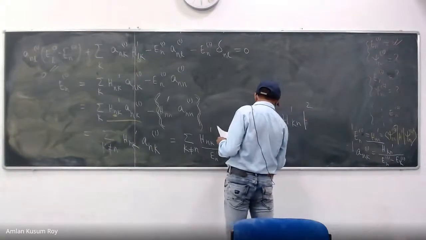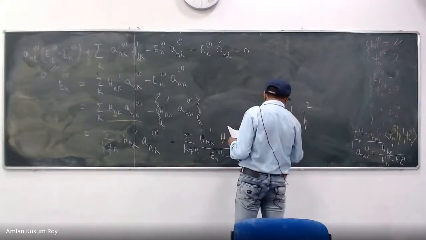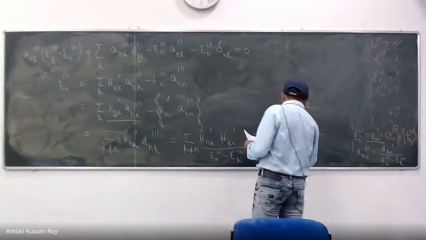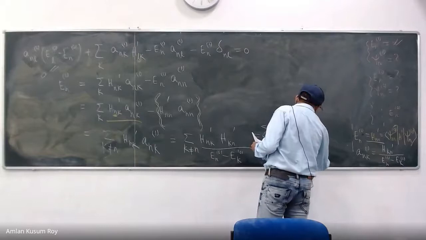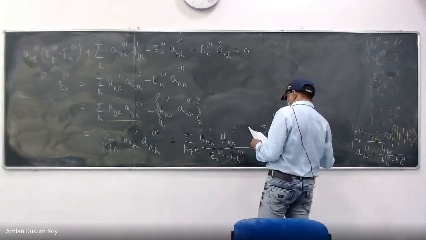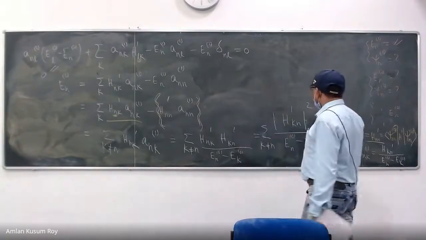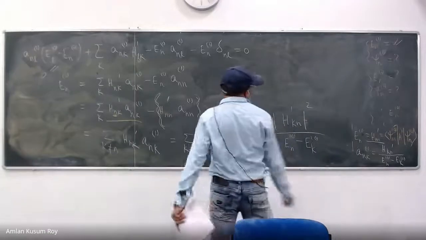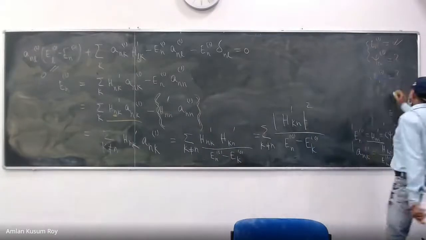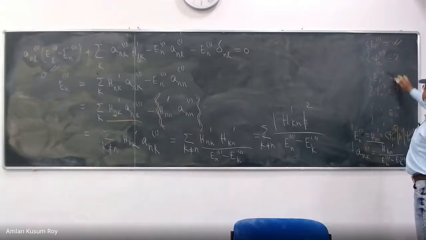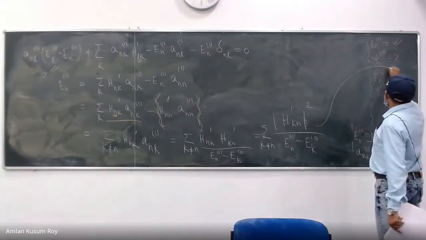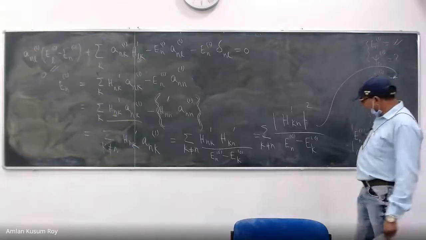Okay, so this is the expression finally. So E_n2, right? This expression is now derived. Now this becomes an expression for E_n2. You see this now?